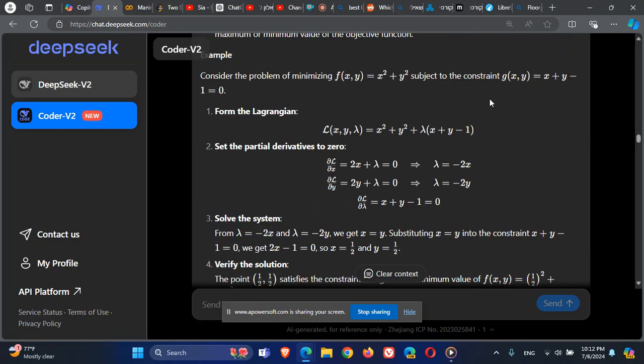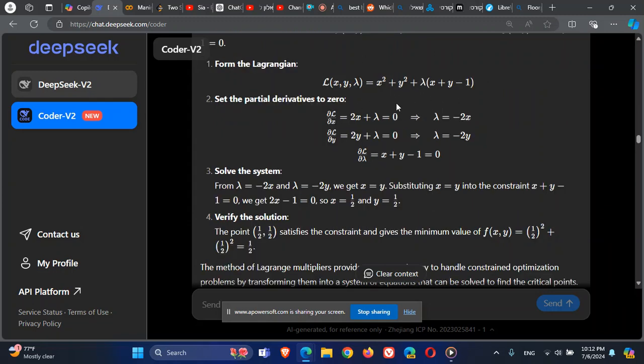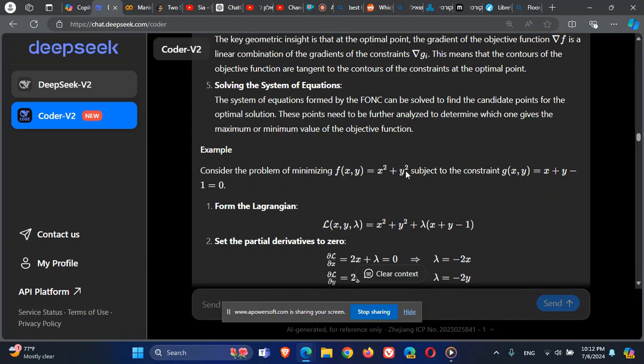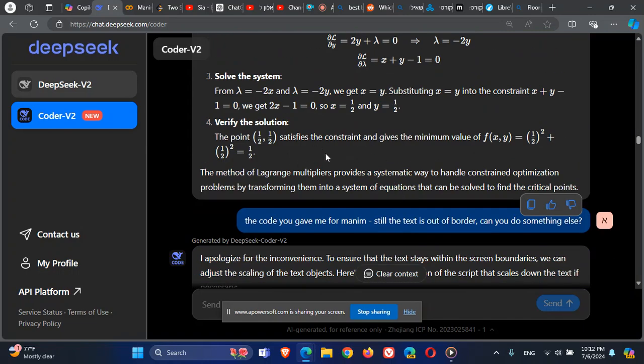So the point we found is lower than an arbitrary value. So if it is an optimization problem, this is a convex function, so it must be a minimum. So we got a minimum value.